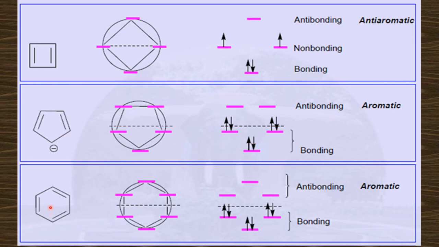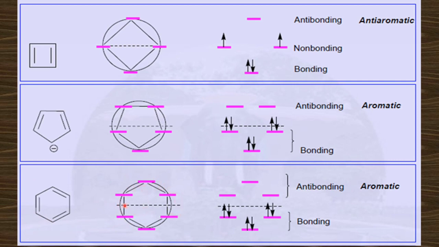Let us consider benzene. We shall apply the Frost procedure here. Draw a circle, place this hexagon, the benzene molecule, within the circle in such a way that one of its vertices is touching the bottom of the circle. At the same time, all other atoms of the ring are also touching the circle.